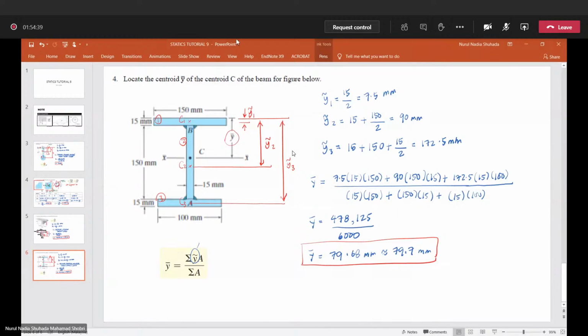Do we have a question for question number 4? You can take 2 minutes to go through the steps and see whether you have questions or not for question number 4.